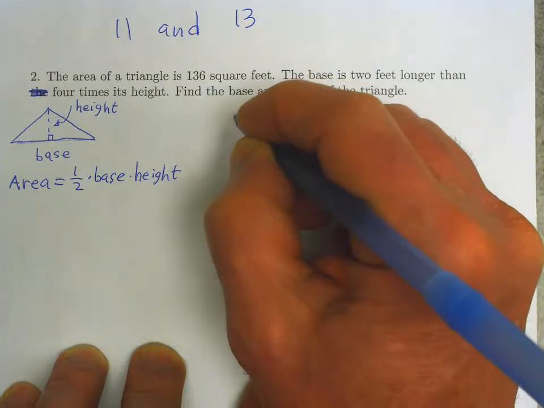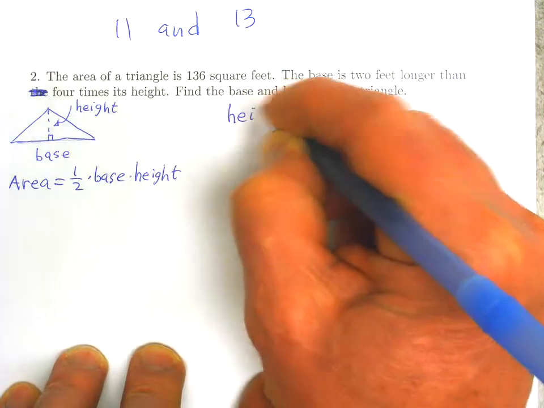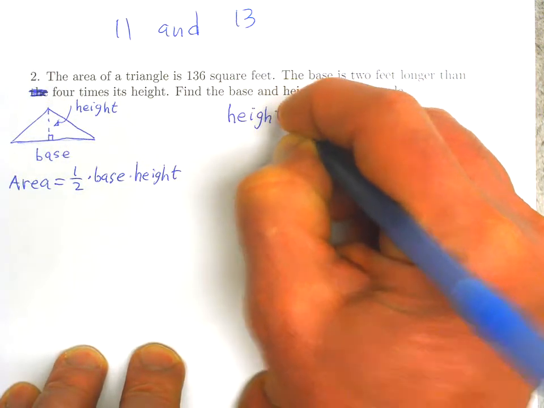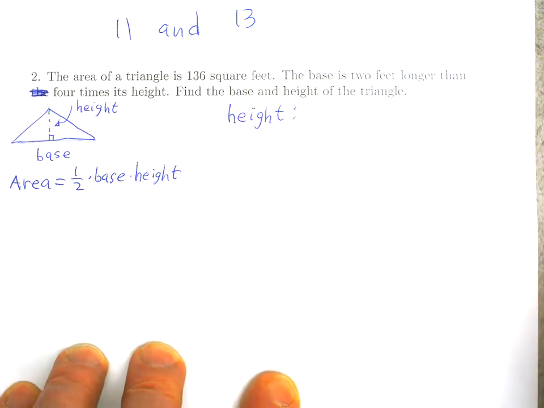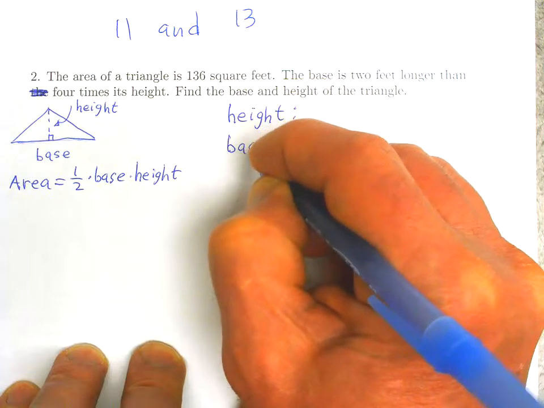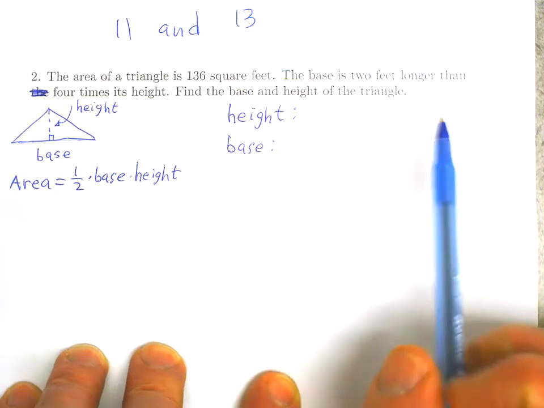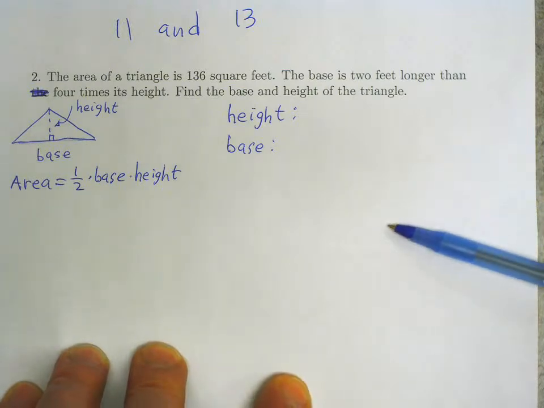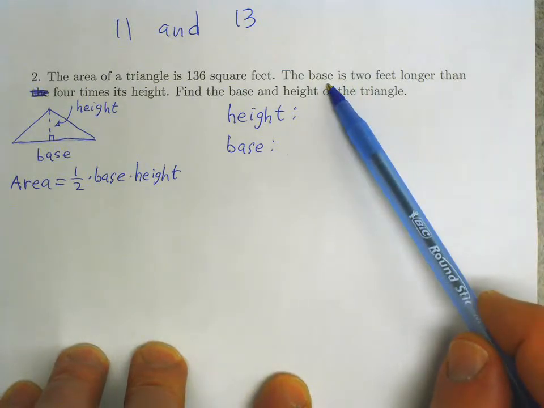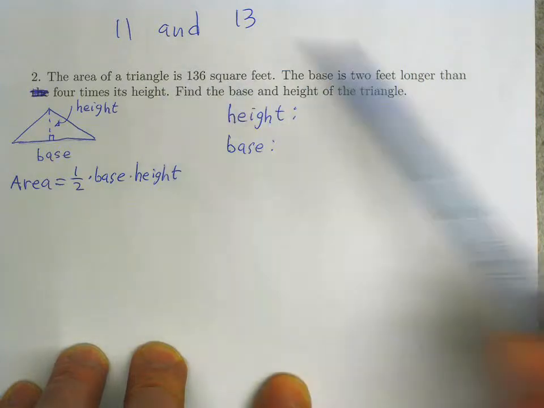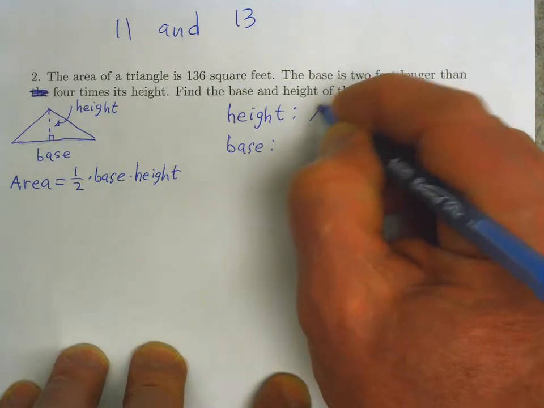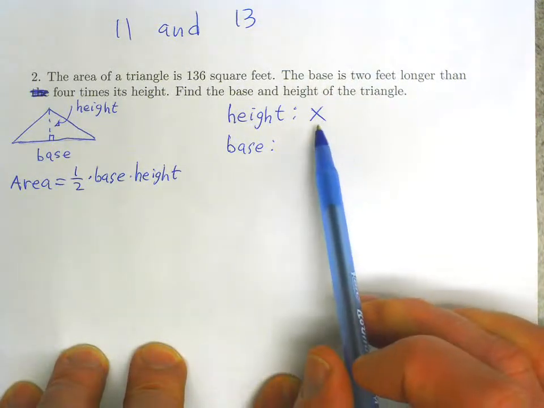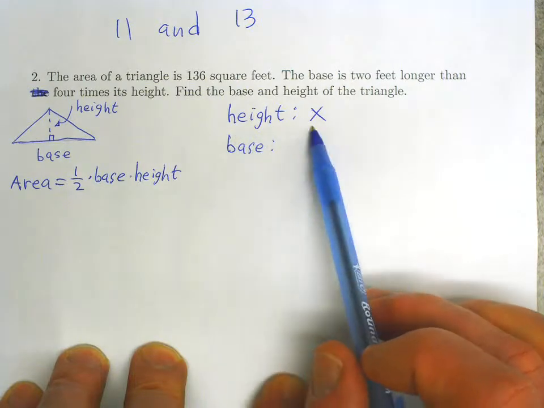So a general strategy, if one quantity is described in terms of the other, then I pick a variable to represent the quantity that's used to describe a different quantity. So since the base is described in terms of the height, I'm going to pick a single variable for the height. So the height is x feet.